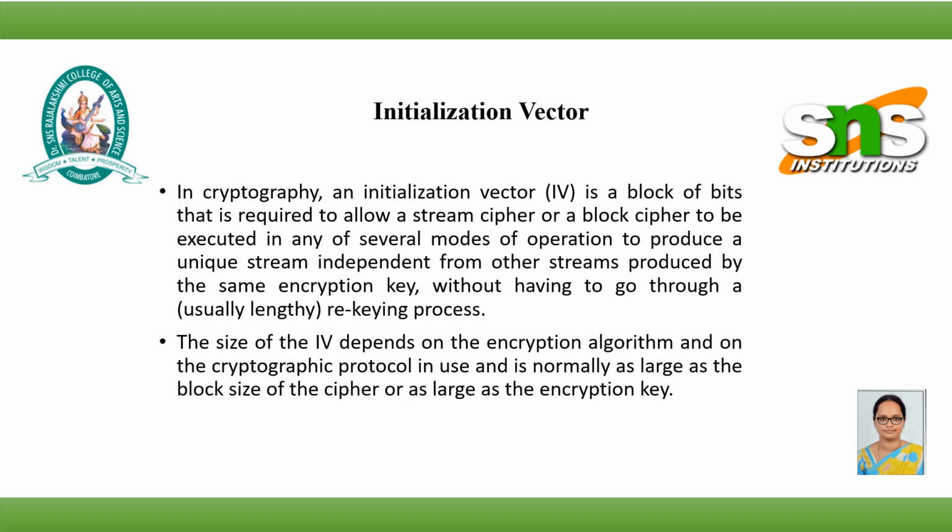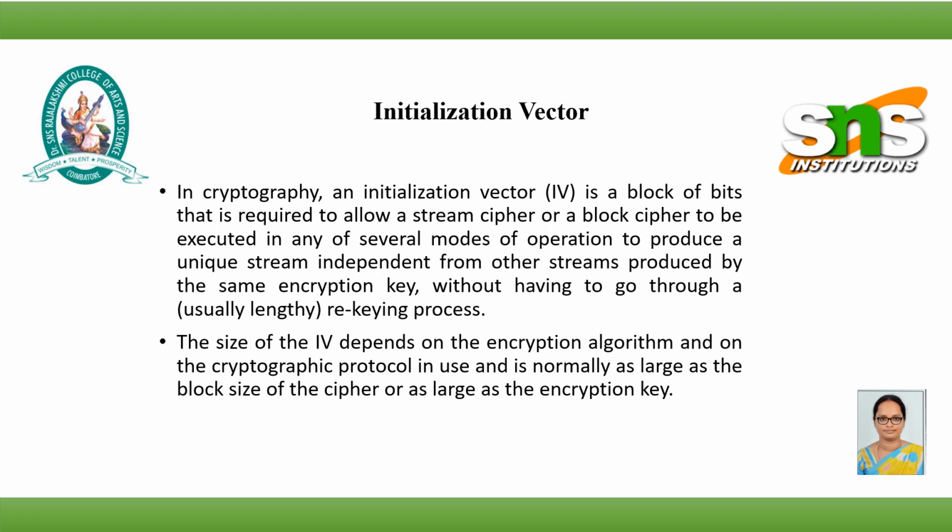Initialization vector. In cryptography, an initialization vector is a block of bits that is required to allow a stream cipher or a block cipher to be executed in any of several modes of operation to produce a unique stream independent from other streams produced by the same encryption key, without having to go through the rekeying process.